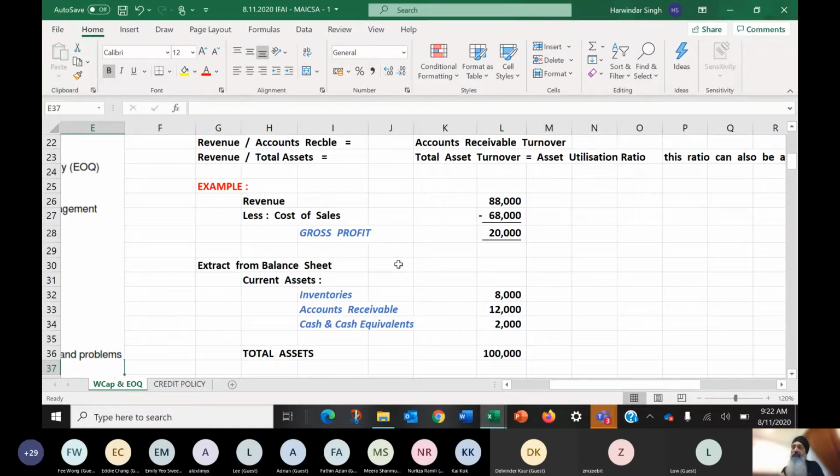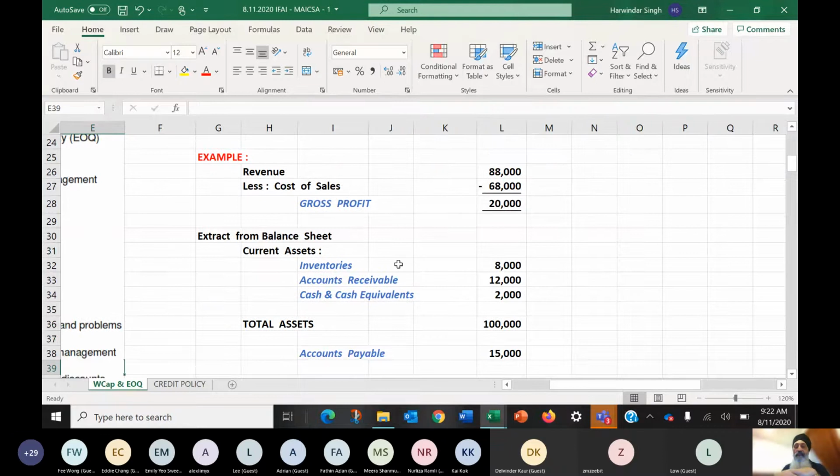So when you are doing the turnover for inventory, you will use cost of sales if that information is available. Okay, now I know that on a Sunday morning, if I talk things like this to you, that's going to be troublesome. So here's an example. Let's say we have revenue 88,000, cost of sales is 68,000, so gross profit 20,000.